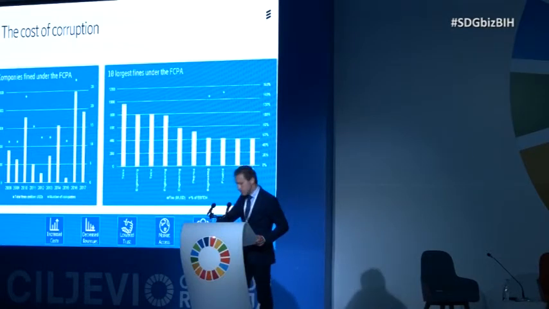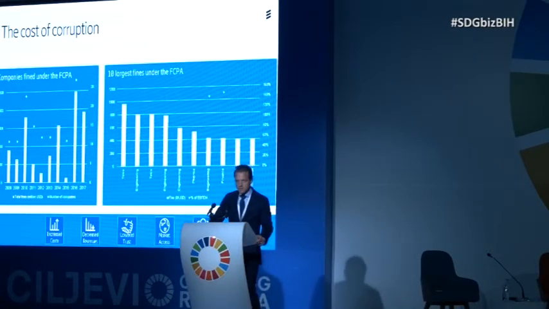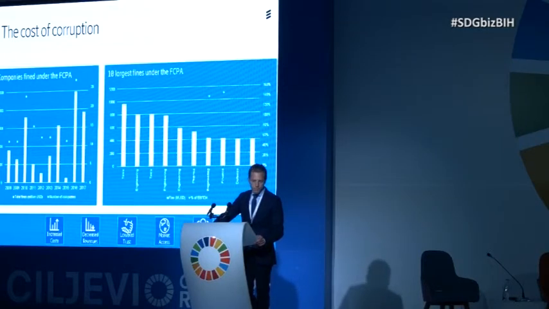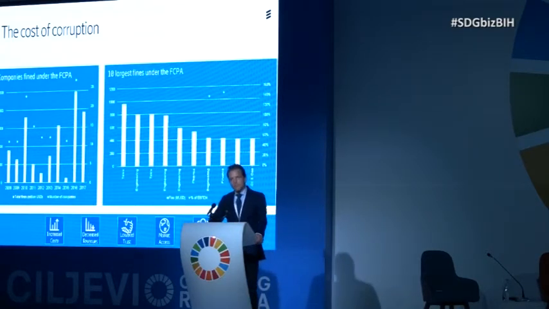The largest fine, it's in our business, a telecommunications company, almost $1 billion in fines. Approximately 25% of their EBITDA that year. A lot of money. So we don't want to end up here.